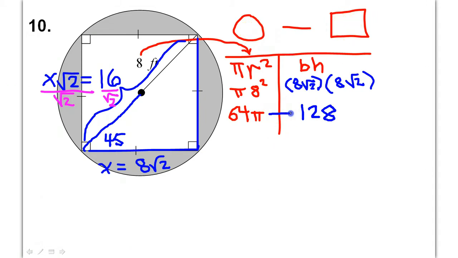So 64 pi minus 128. 73.1. So that's how you could do it. Any questions right there? Okay, we still have time. All right, moving on.